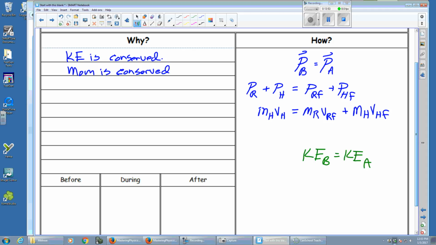Down here, kinetic energy of the rock plus kinetic energy of the hammer equals kinetic energy of the rock final plus kinetic energy of the hammer final.